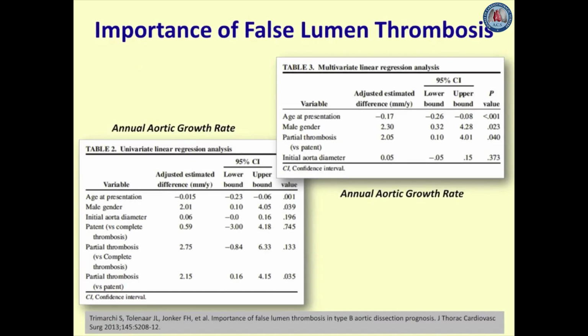As you can see here in univariate and multivariate analysis, the rate of expansion of the aorta is higher when there is only partial thrombosis of the false lumen. So those patients require more vigilant observation.